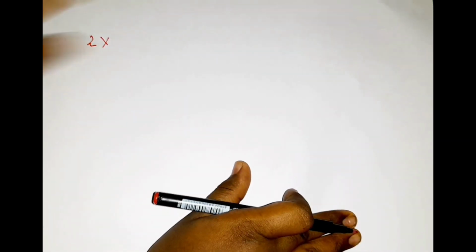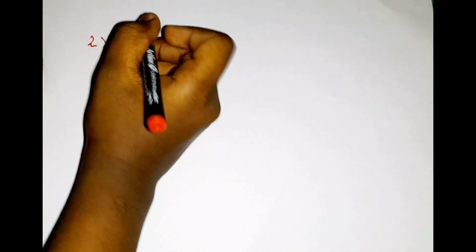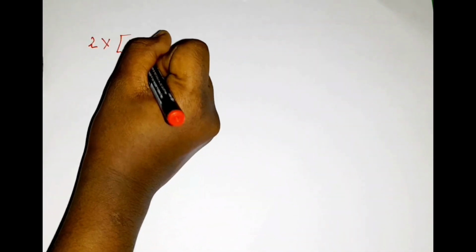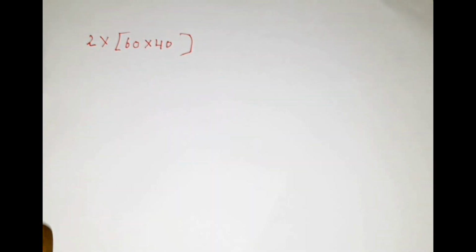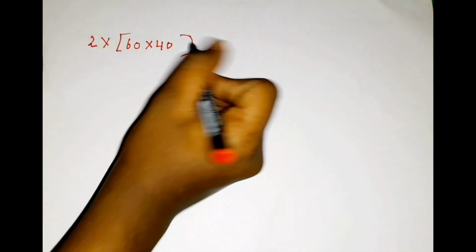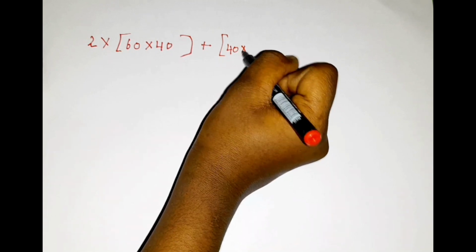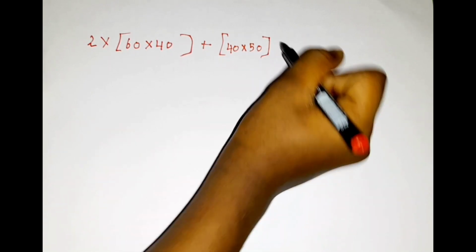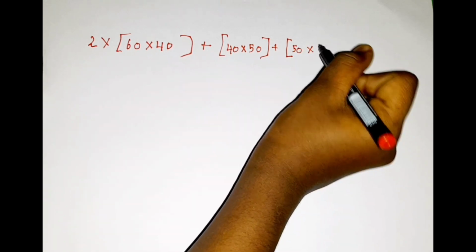That is 2 into length breadth. What's the length value? 60. So 60 into 40, plus 40 into 50, plus 50 into 60.